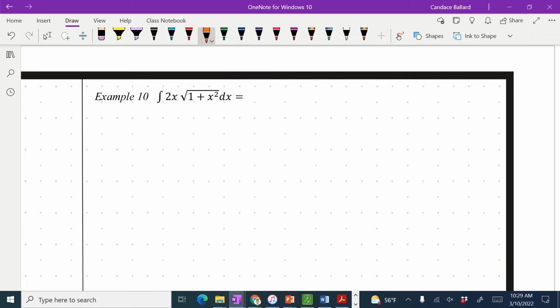All right, let's take a look at example 10. All right, what is my inside function? Good, so u equals 1 plus x squared. All right, so du equals 2x dx.